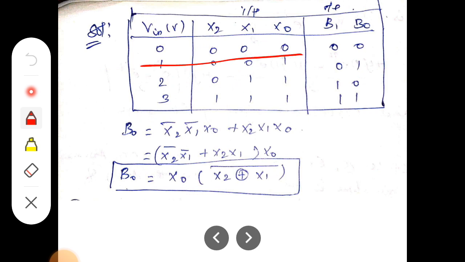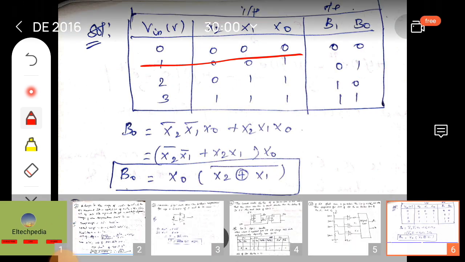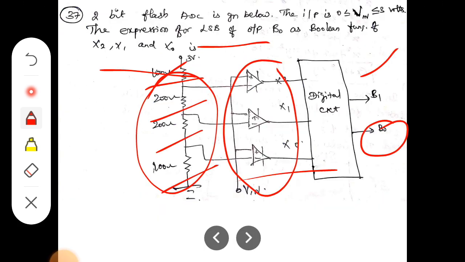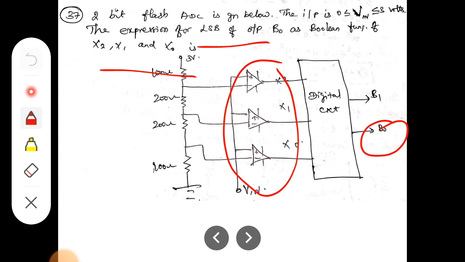So for 0, that is x0, x1. Here we want the function, so x0, x1, x2. This will be rewritten in terms of the input function values. So we want x1, x2, x0 values. It will be rewritten in terms of the function.